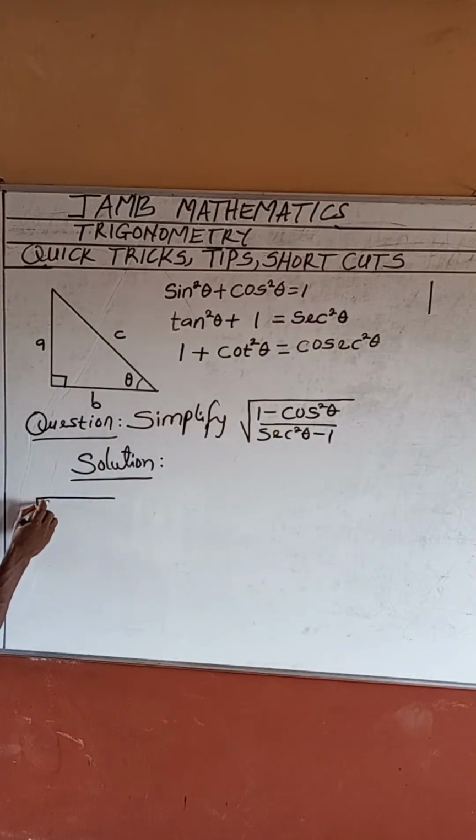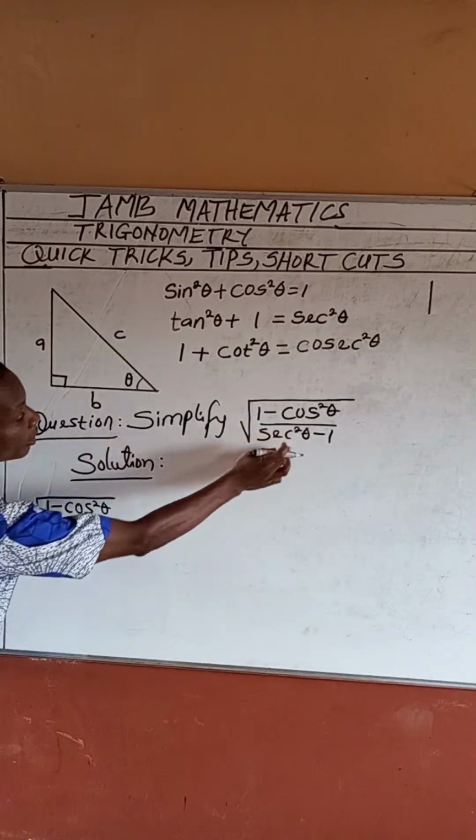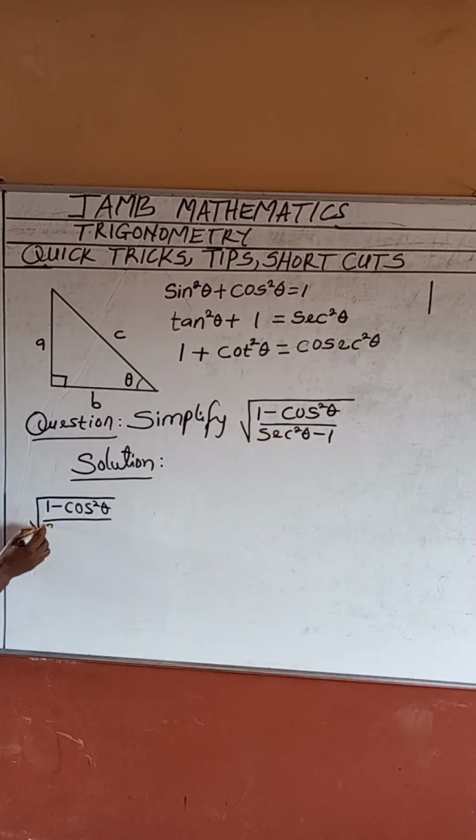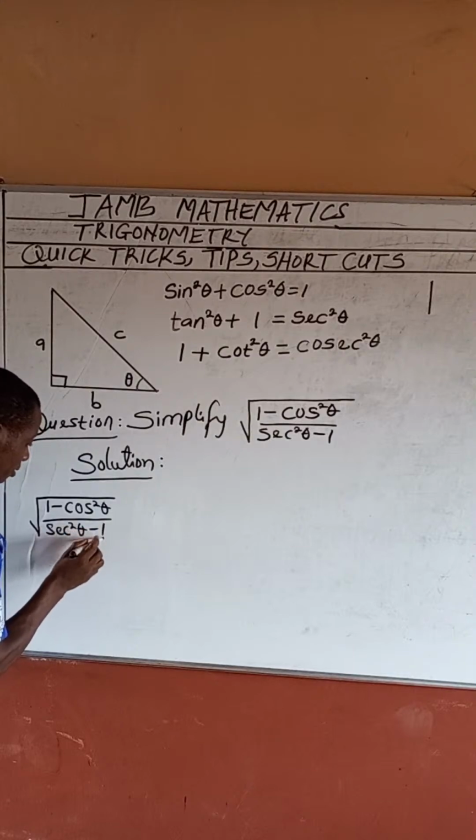This is 1 minus cos squared theta divided by sec squared theta minus 1.